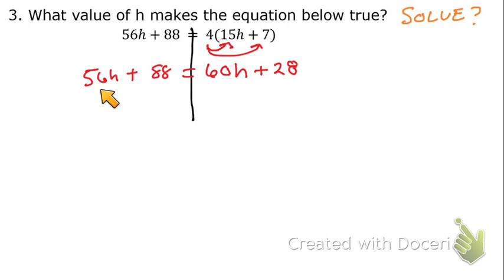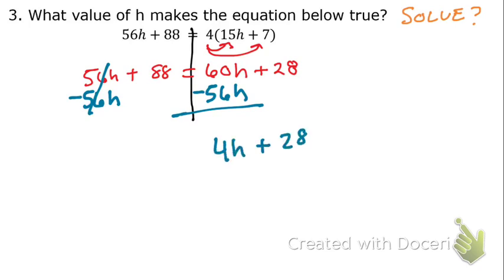Again, we look for the smallest variable to move. Turns out it's 56. So I will subtract 56h because 56 minus 56 is 0. Okay, 60 minus 56 turns out to be 4h. So now we bring everybody else back down. Since I moved my variable to the right, I will be moving my constant to the left.